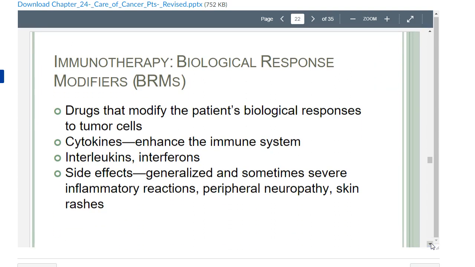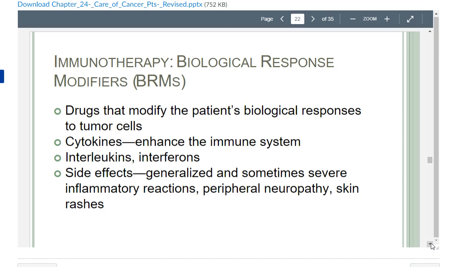The next one is immunotherapy, biological response modifiers, drugs that modify the patient's biological responses to tumor cells. If you think about cytokines, they're small protein hormones made by the white blood cells that obviously enhance the immune system. And then we have interleukins and interferons.